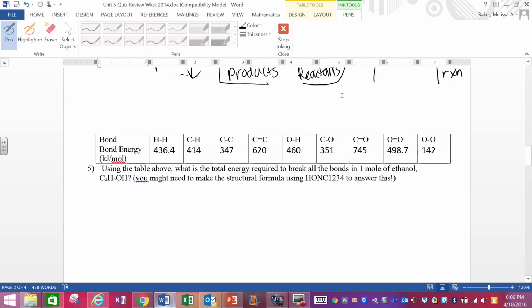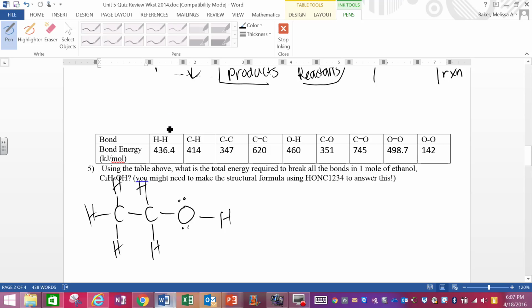Alright, number 5. Using the table above, what's the total energy required to break all the bonds in 1 mole of ethanol? So C2H5OH. Let's see, review your HONC 1, 2, 3, 4. It's been a while since you've drawn structures. Okay, how much energy is it going to take to break all of these?